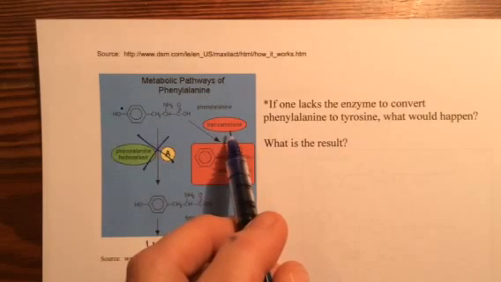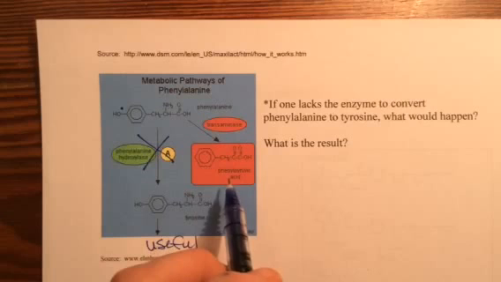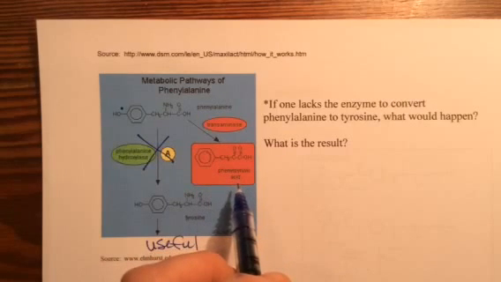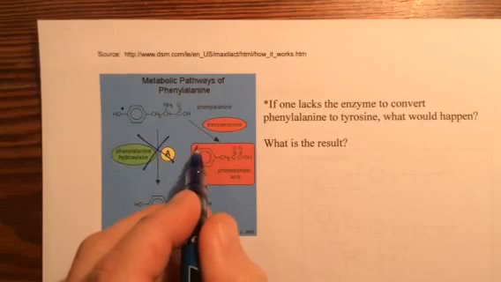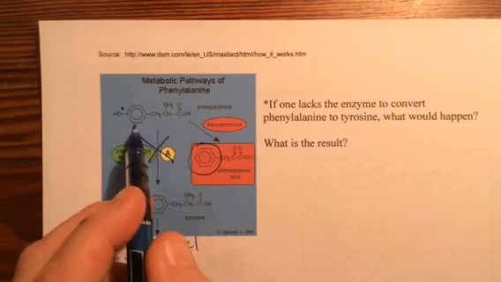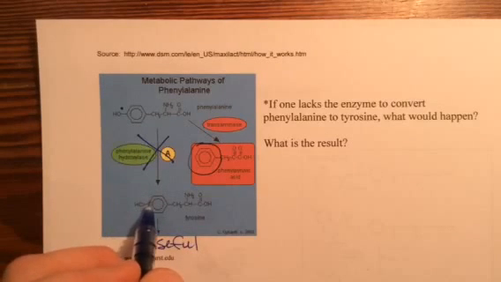In the presence of transaminase, the body will create phenylpyruvic acid. Now, I'm not sure if the benzene here strikes you in any way. After all, phenylalanine has a benzene, and so does tyrosine.